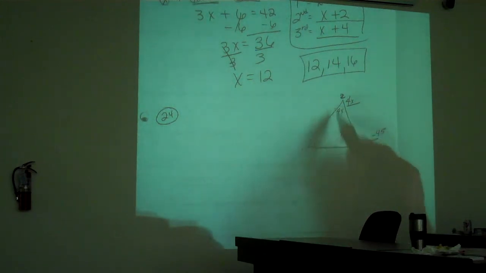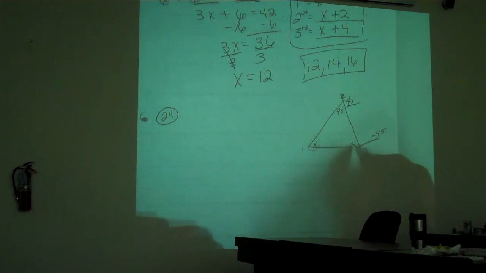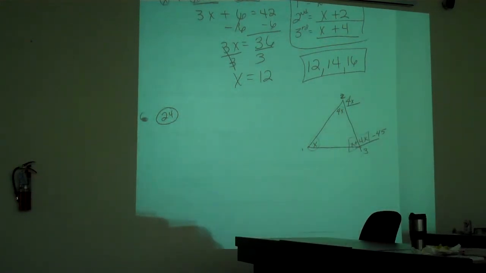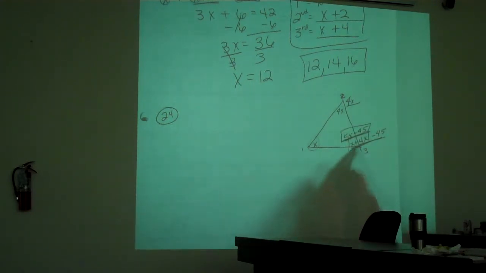So this plus this is the sum of it, right? This x plus 4x is the sum of the other two. So if you simplify this part, x plus 4x is 5x minus 45. This would be easier to put into an equation than this whole thing.